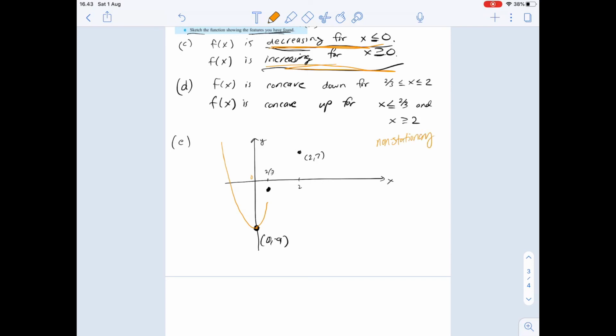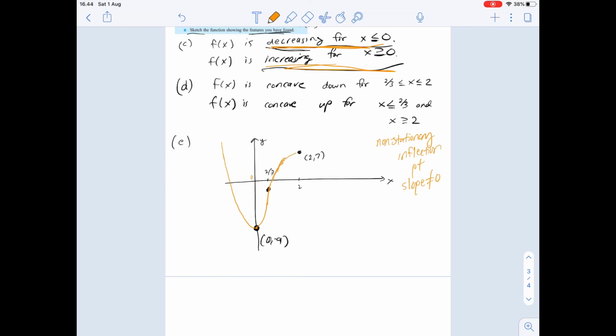Non-stationary inflection point: slope is not equal to 0. But it changes concavity. So it goes through this point here, and instead of being concave up, it's now going to start to move like it's concave down. Remember, we've got to aim for (2, 7) here.